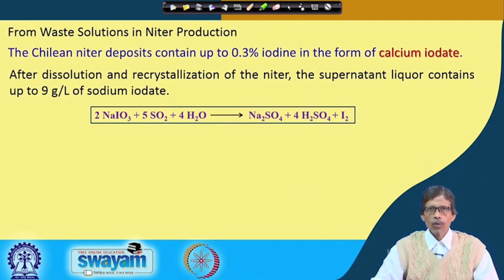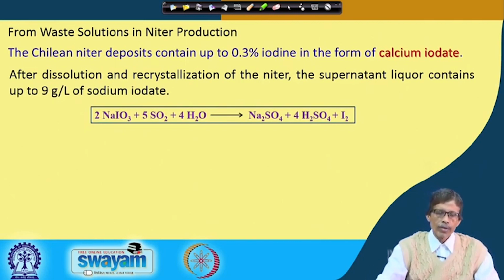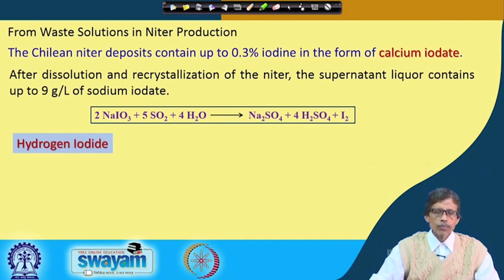Earlier we saw how it is used for reduction of iodine to iodide. Now, for iodate to iodine formation, again sulfur dioxide in water medium forms free iodine along with sodium sulfate and sulfuric acid. So, in your hand you have a sufficient amount of iodine produced.